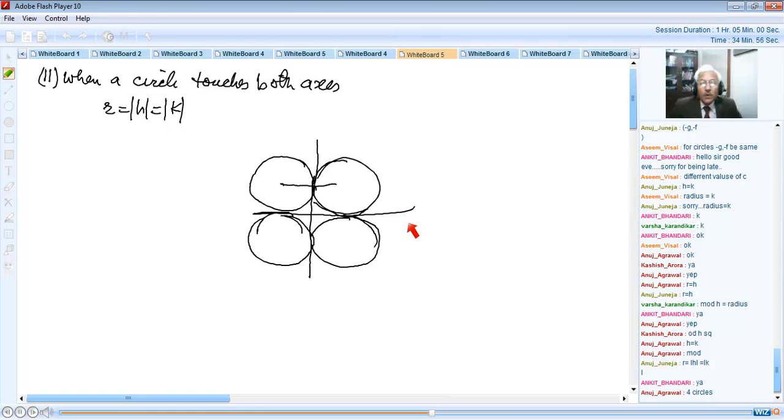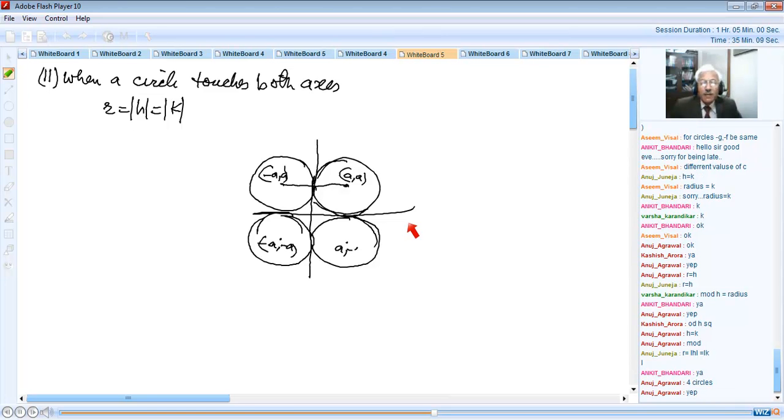So we can say now the center can be (a, a), it can be (−a, a), it can be (−a, −a). If I take a to be positive, it can be a and −a. So center can be (±a, ±a), and radius can be a, because a is taken to be positive in all cases.